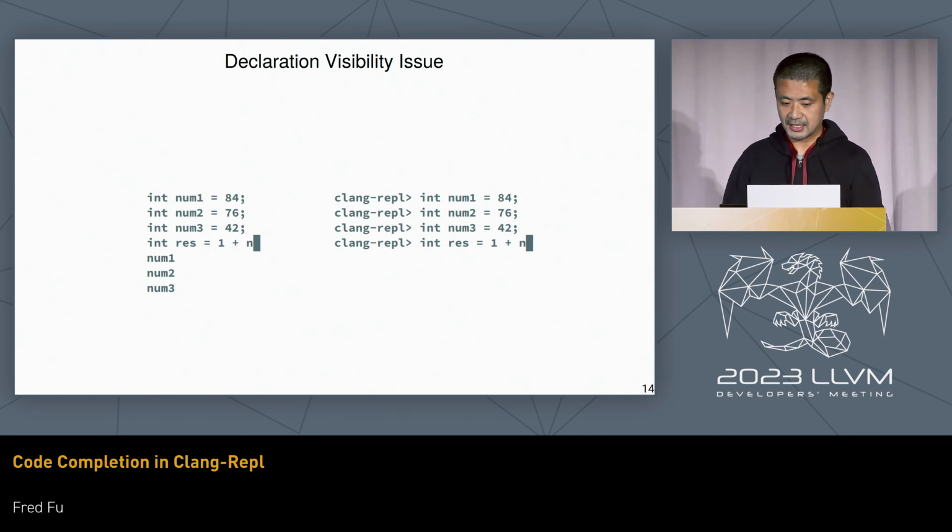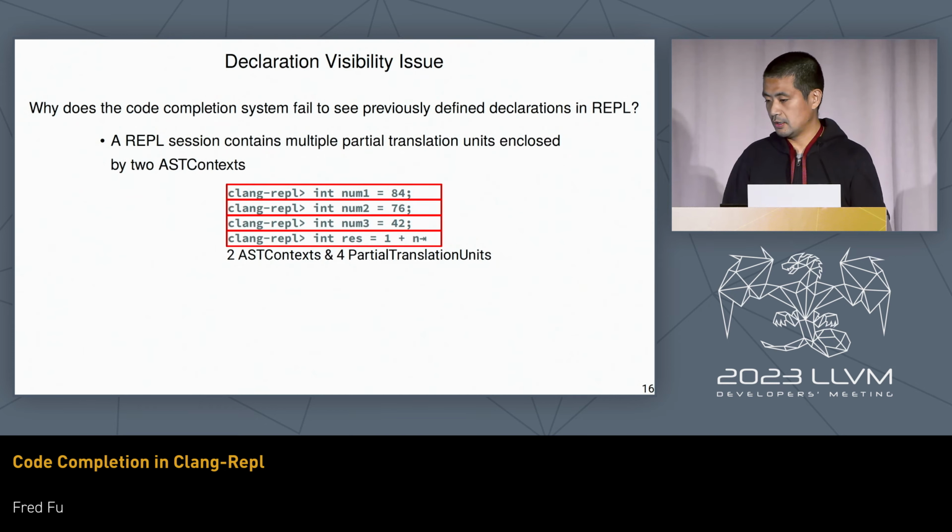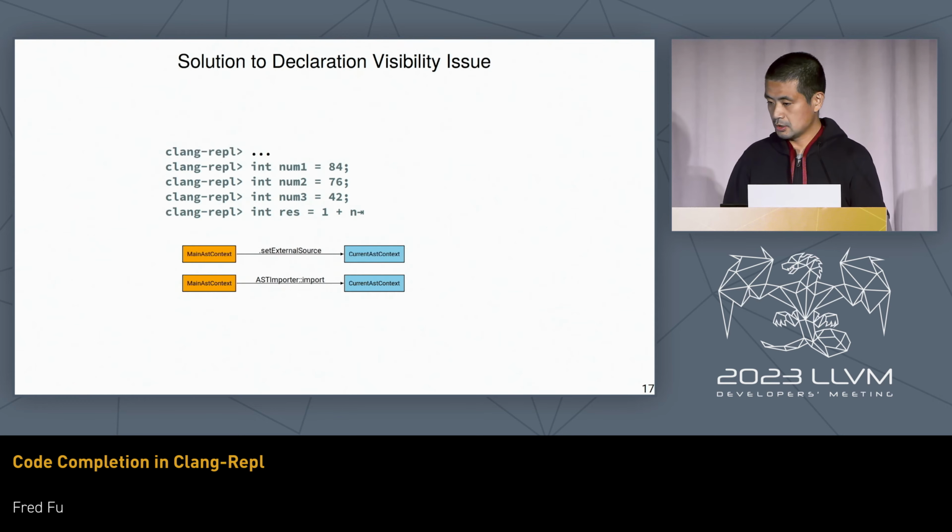The difference is that the code completion system can see all the declarations defined in the file, but in REPL, it cannot see any declarations defined before the current line. So why does the code completion system fail to do so? A file is basically a single translation unit enclosed by one AST context. However, REPL contains multiple partial translation units enclosed by two AST contexts.